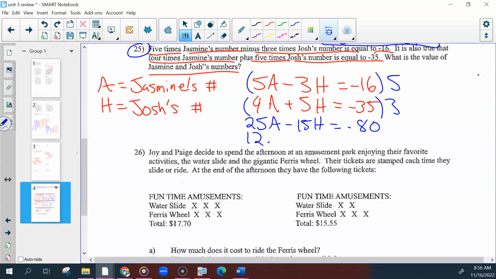And then 12a and 15h equals whatever 35 or 3 is. Negative 105. From here, you could add or subtract to eliminate your h's. I'm not going to continue that one, but that would be how you would start that one.